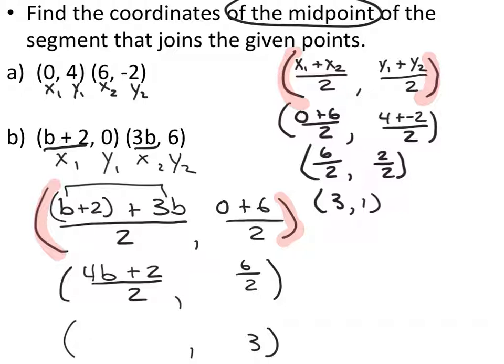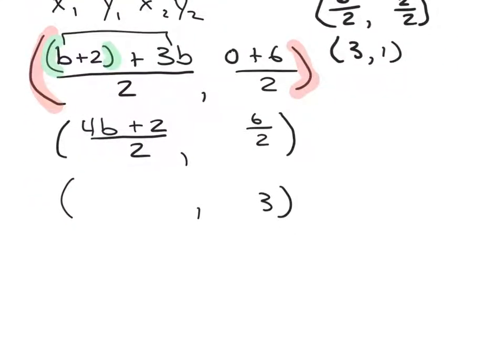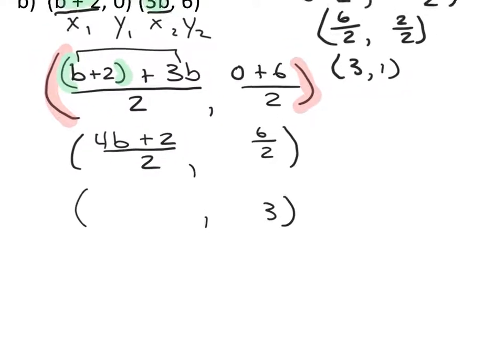The reason I put one around b plus 2 is because I wanted everyone to see that that's the first x coordinate, and it's already separated from the second x coordinate. First x coordinate plus the second x coordinate.